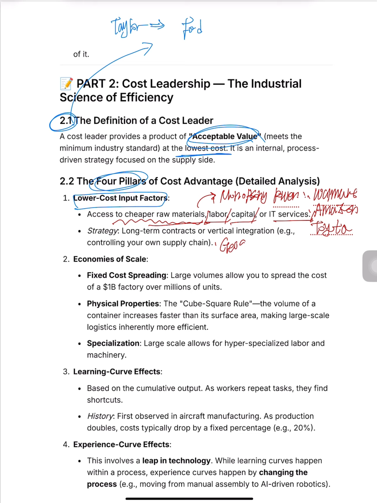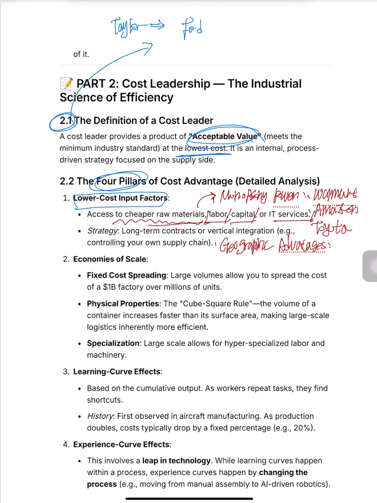Geographic advantages: firms that locate production in regions with structurally lower labor cost, energy cost, or regulatory burden gain a cost advantage that is difficult for incumbents to replicate without dismantling their existing operations.